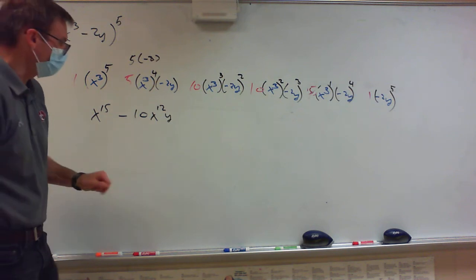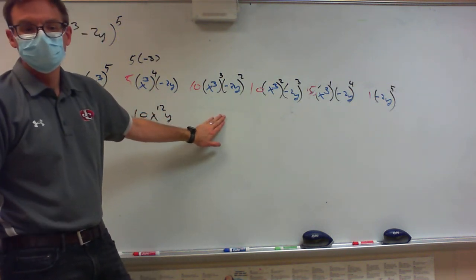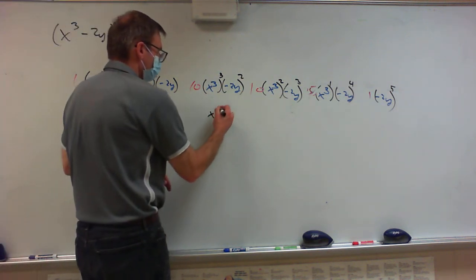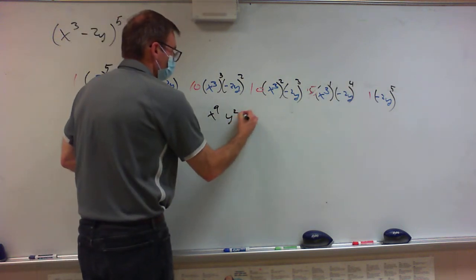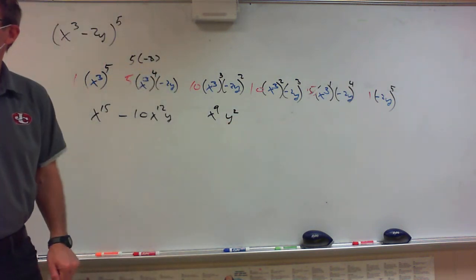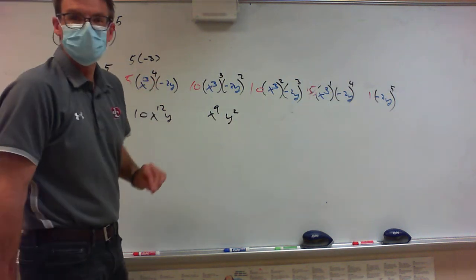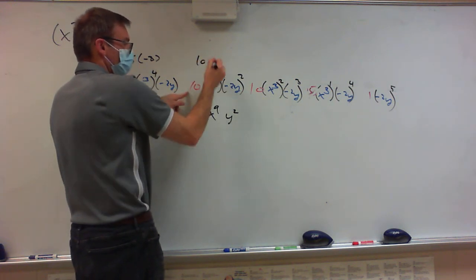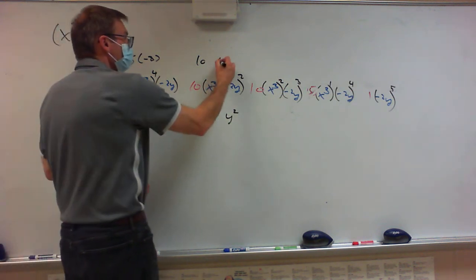Okay? So now let's go here. What are the letters? X to the 9th, y squared. Is everybody okay? Those are the letters, x to the 9th, y squared. Now let's think of the numbers. The only two numbers I have are here and here. Well, I know a 10 is up here, and that negative 2 squared is just going to give me a 4.